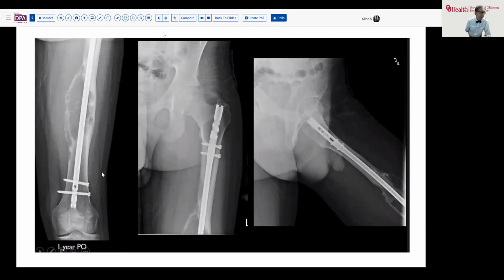So then, what do you do? Well, obviously, had we known at the beginning that this was a neoplasm, a rod wouldn't have been placed and so forth. But once a rod has been placed, essentially this entire femur is potentially suspect or contaminated, including the nail holes.